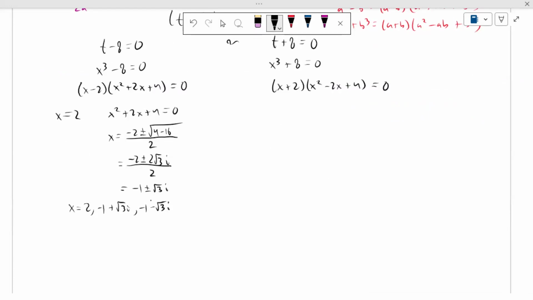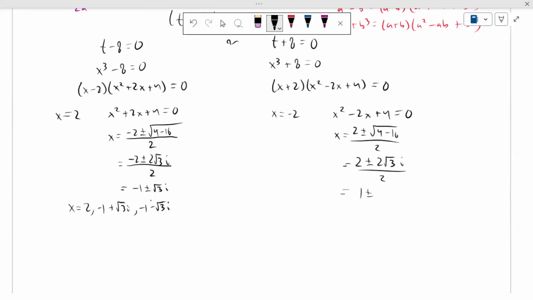Now I'm going to do this one over here as well. We get x equals -2, or we get that x squared minus 2x plus 4 is equal to 0. So we use the quadratic formula. We get 2 plus or minus the square root of 4 minus 16, over 2. So this is 2 plus or minus 2 square root of 3i, again all over 2.